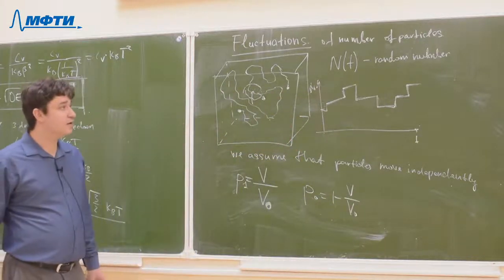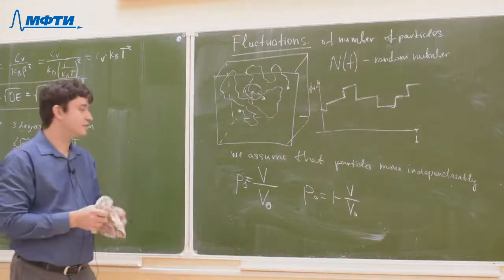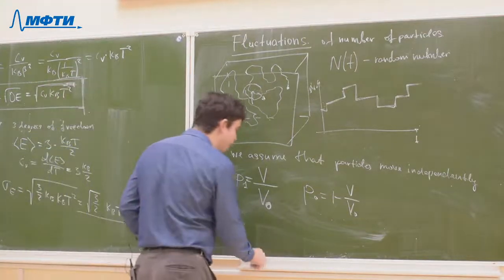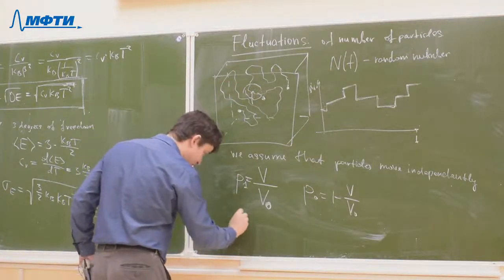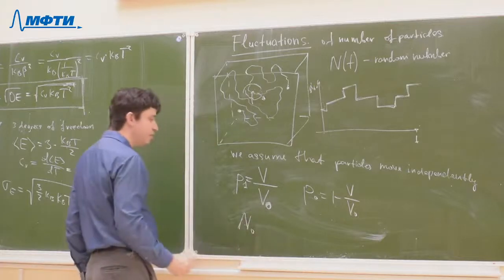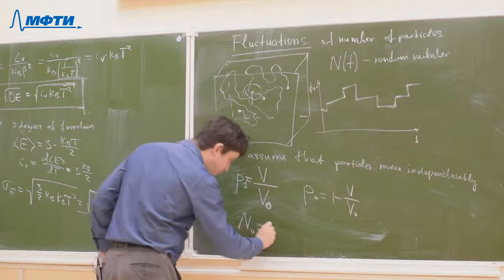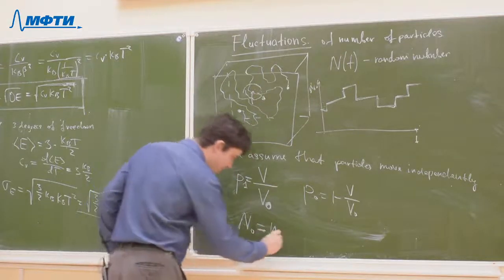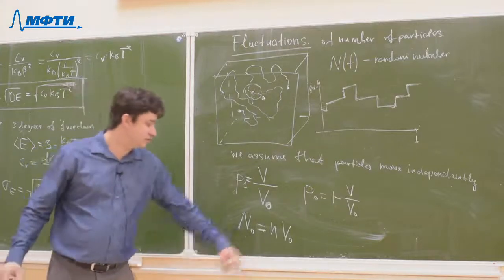And now I can do the following. So let's assume I have a large number of particles inside the vessel. This large number, N0, can be obtained as a multiplication of the number density by the volume of the vessel, V0.